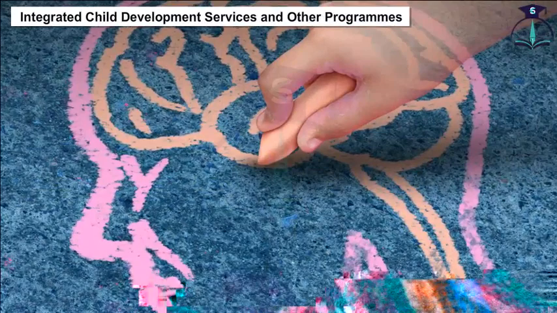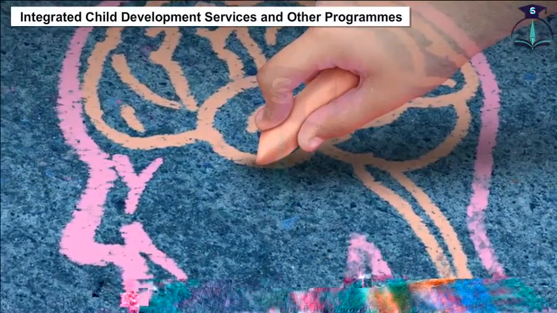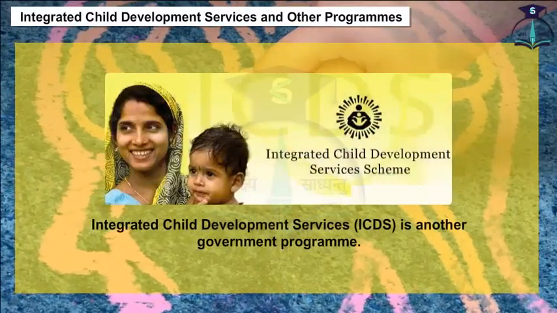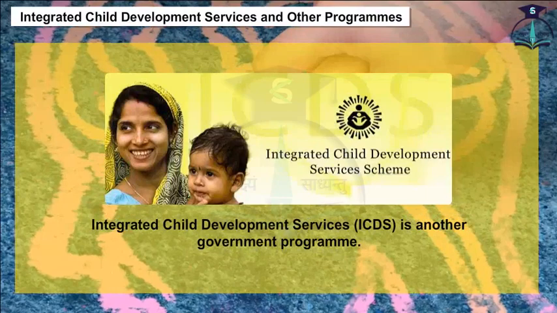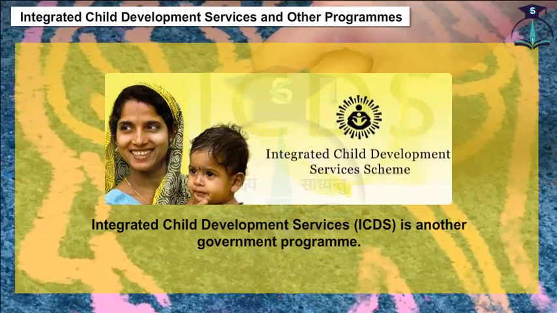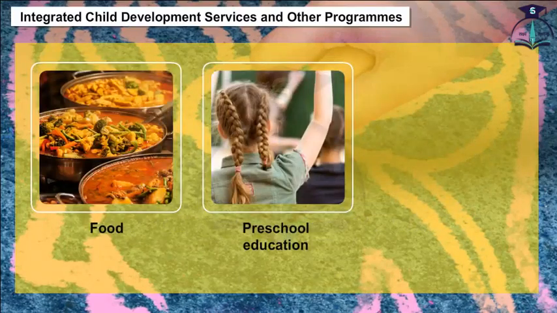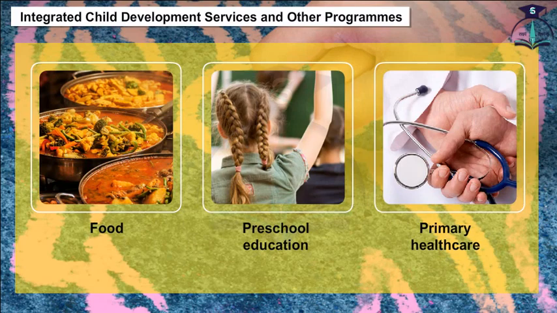Integrated Child Development Service and other programs. Integrated Child Development Services, or ICDS, is another government program which provides food, preschool education, and primary health care to children under 6 years of age and their mothers.